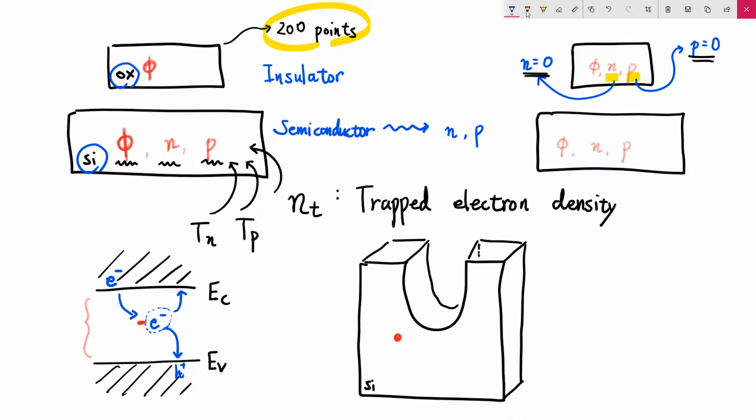So now let's just think about this case. We have only one single position where a trap exists, and now we have to solve the equations. Let's say that this problem is quite important for your application.